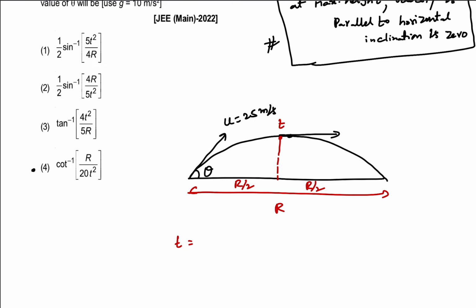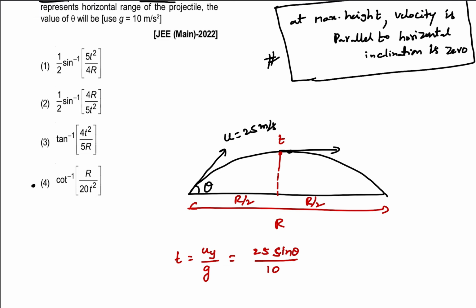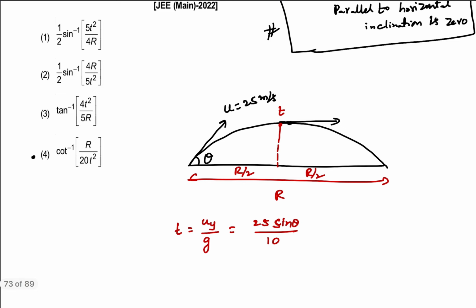Time of ascent at this point is t, which they have given. t is equal to uy divided by g. What is the uy value? 25 sin theta divided by g, and g they have given as 10.